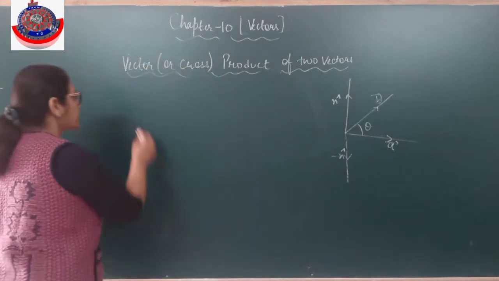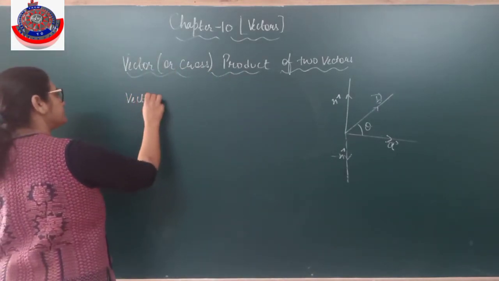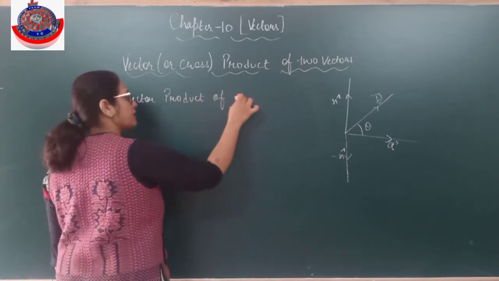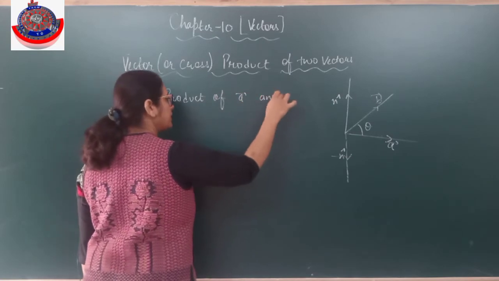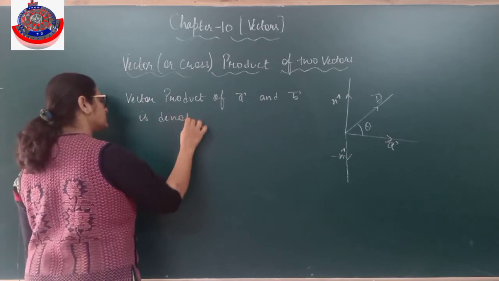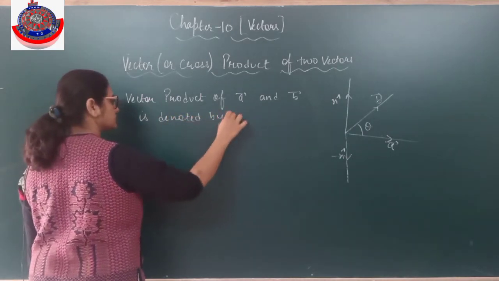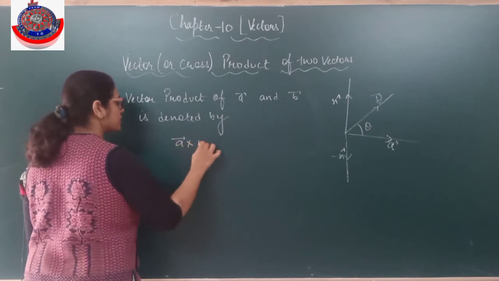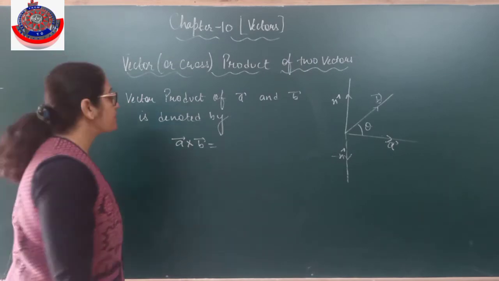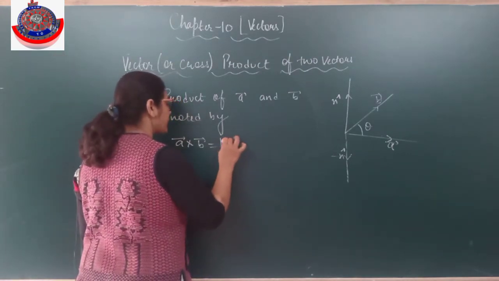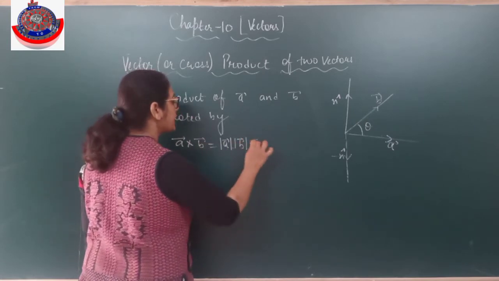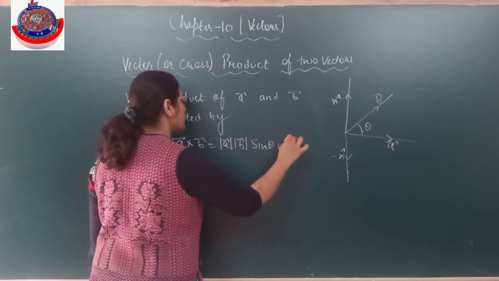So the vector product of vectors A and B is represented as A cross B, and it is denoted by the magnitude of vector A into the magnitude of vector B into sine theta into n cap.